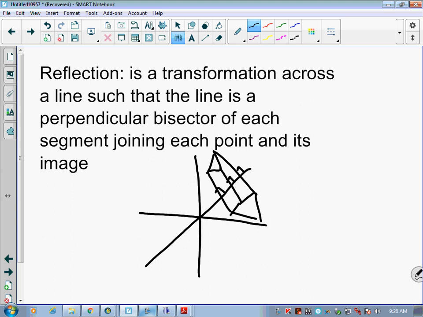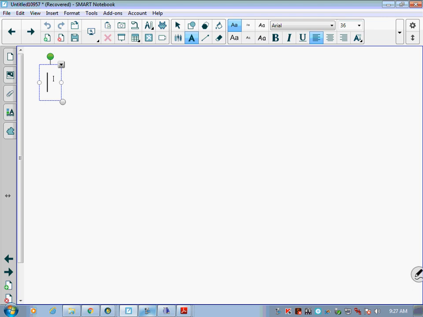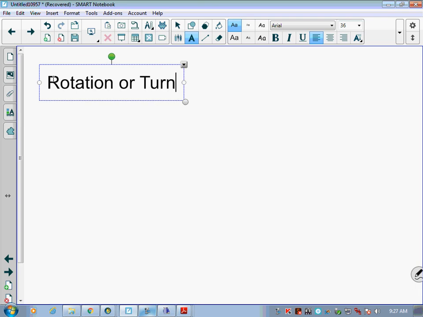Okay, rotation, and the other terminology for this is turn. I don't know that turn gives you a good view of this or not, but let's talk about it. Let's see, minor. Can I get you to read that?